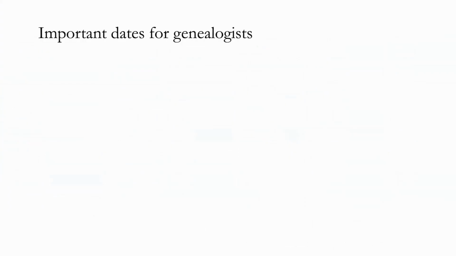What we need to start out with English research is an English timeline. This timeline is very general, and it talks about the dates that will affect the records. In other words, it's records that we're concerned with, not merely big historical events.